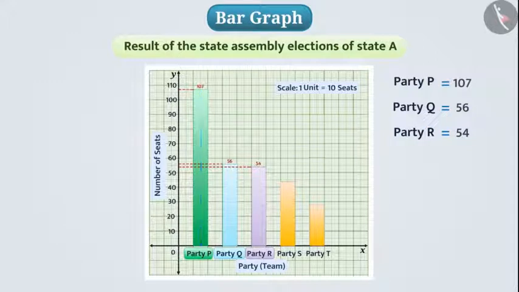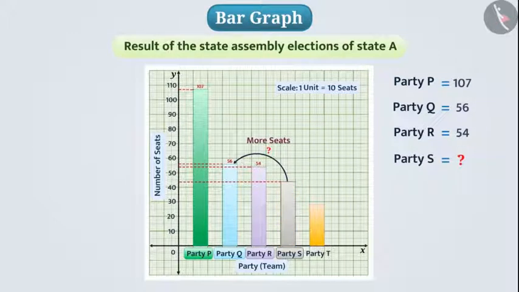Can you tell how many more seats party Q won than party S? Think. Absolutely right. We see that party Q has won 56 seats while party S has won 44 seats.